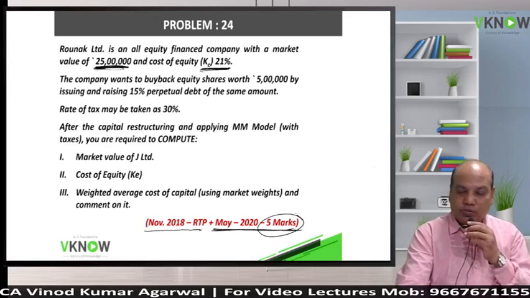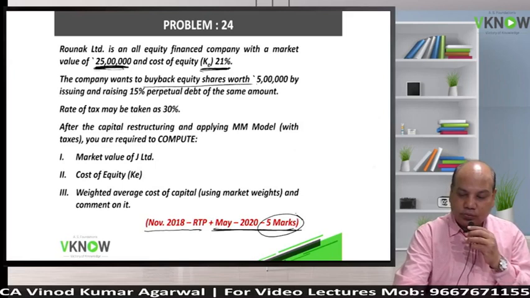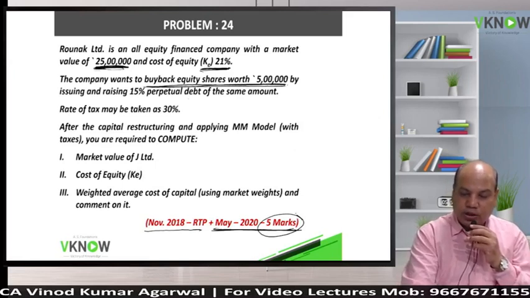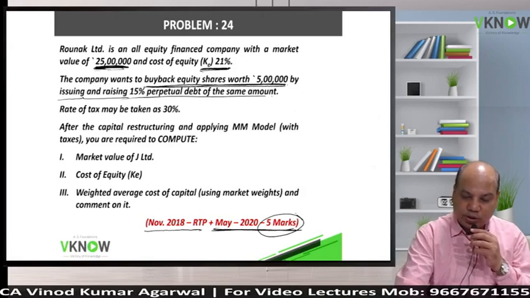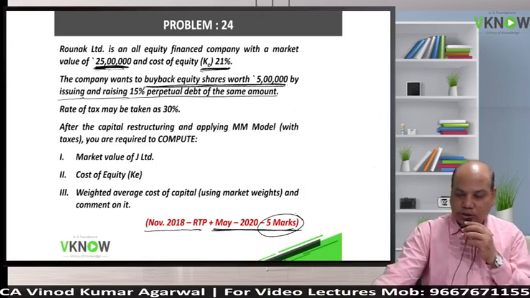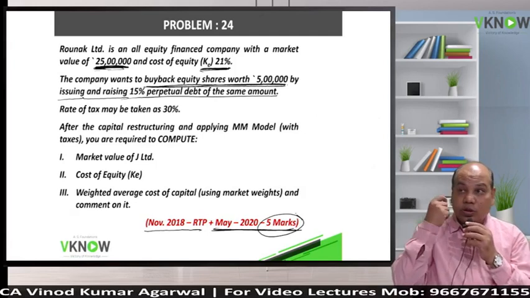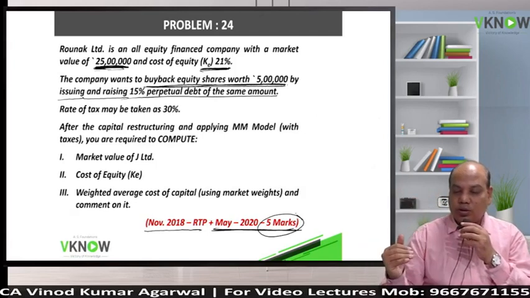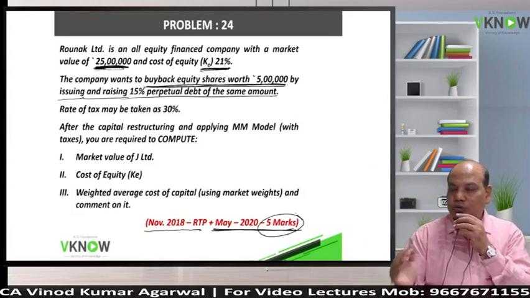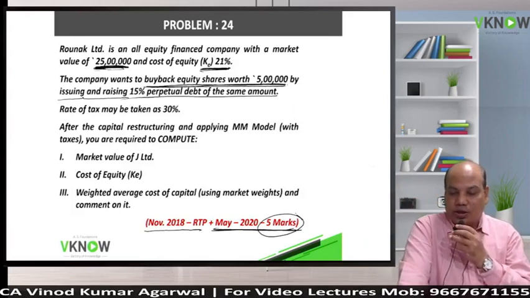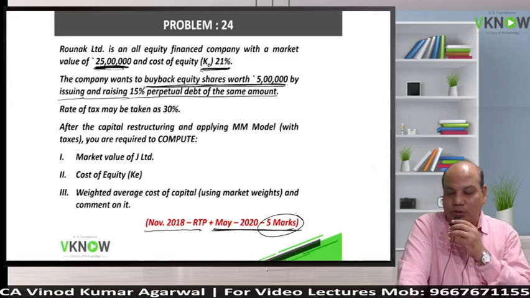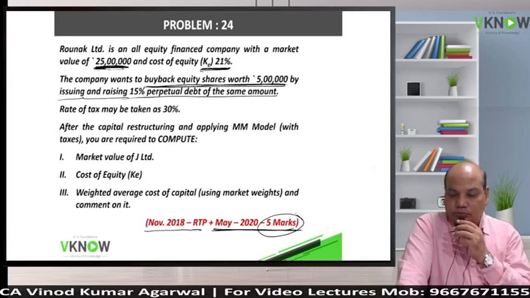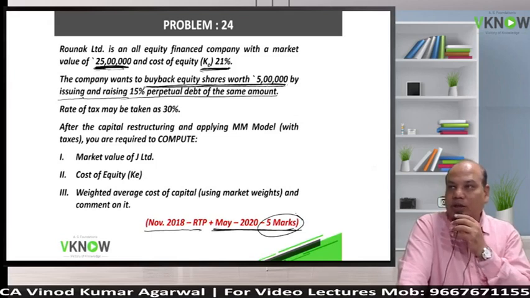Company wants to buy back equity shares worth rupees 5 lakh by issuing and raising 15% perpetual debt of the same amount. So what do they want to do? They want to reduce equity and in place of that they want to use debt which will carry interest at the rate of 15%. Rate of tax may be taken as 30%.